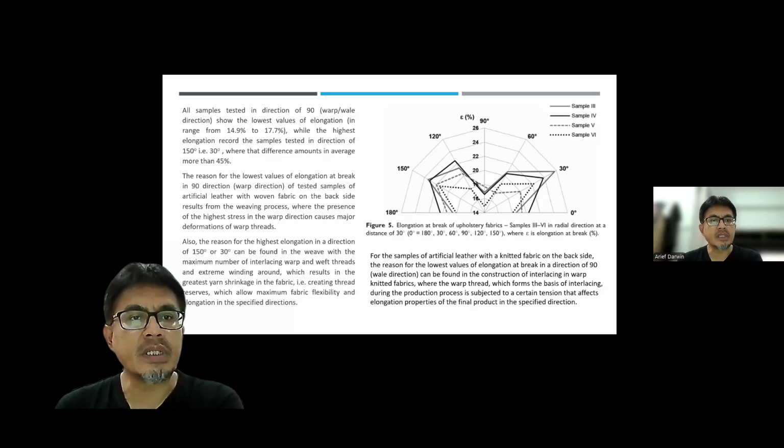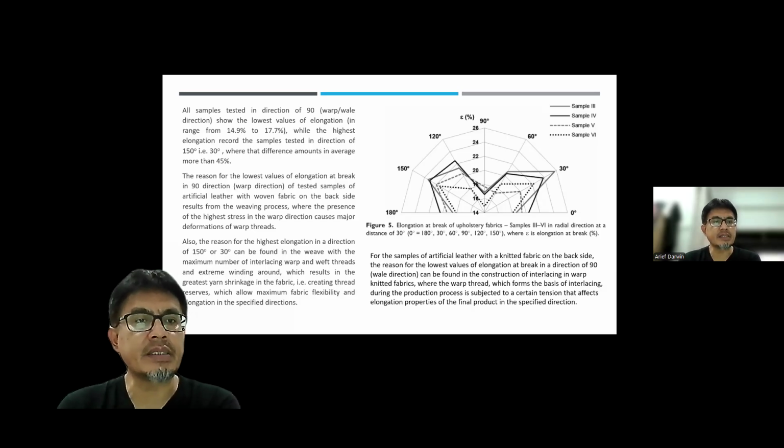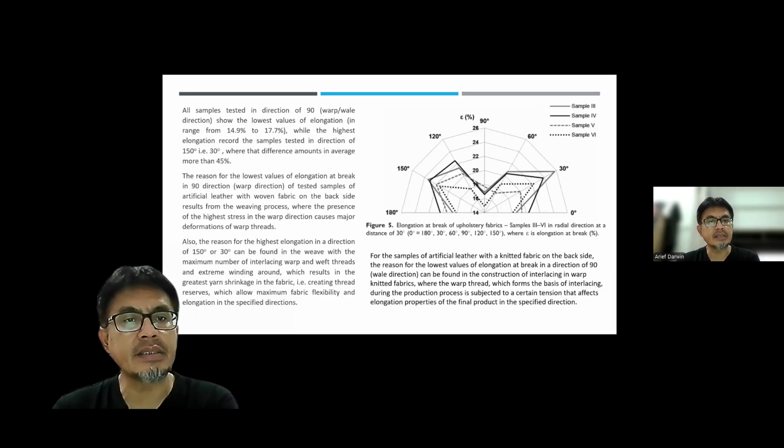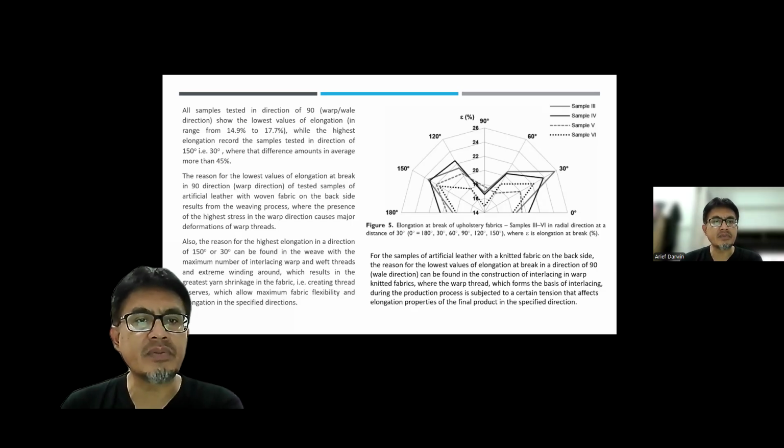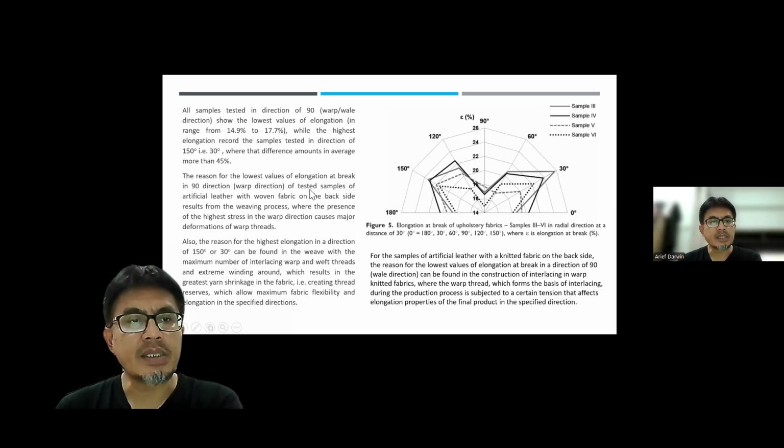The reason for the lowest value of elongation at break in the 90-degree direction of the tested sample of artificial leather with woven fabric on the backside results from the weaving process, where the presence of the highest stress in the warp direction causes a major deformation of warp threads.